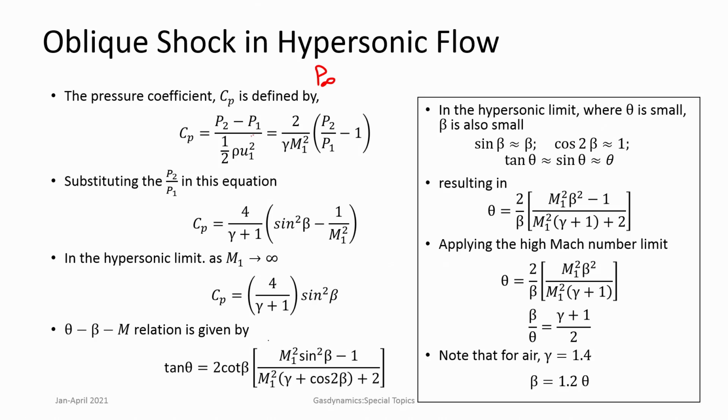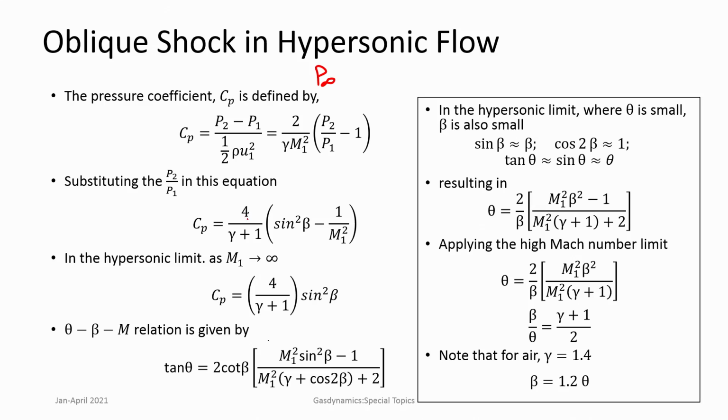You can do this by taking P1 out and then multiplying and dividing by gamma, P2 by P1 minus 1. So in this equation we can apply P2 by P1 that we just obtained from the previous considerations.